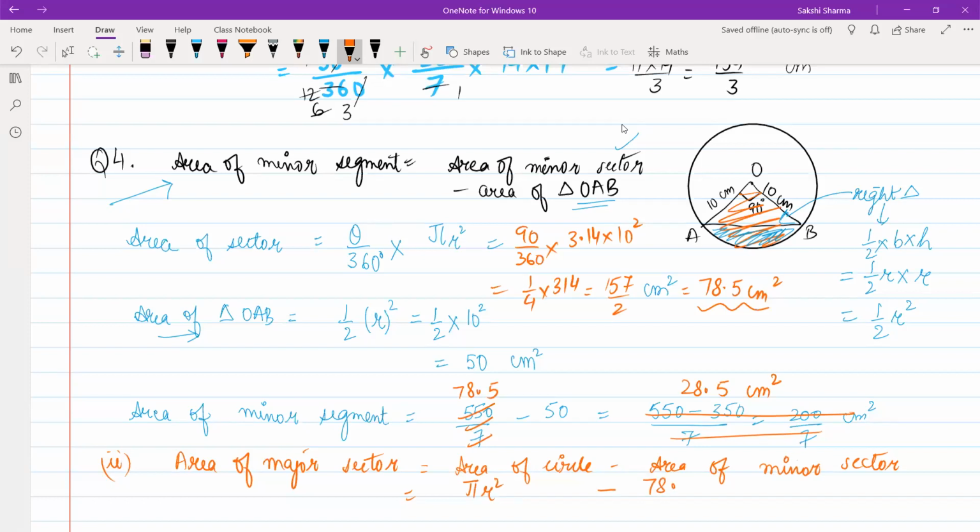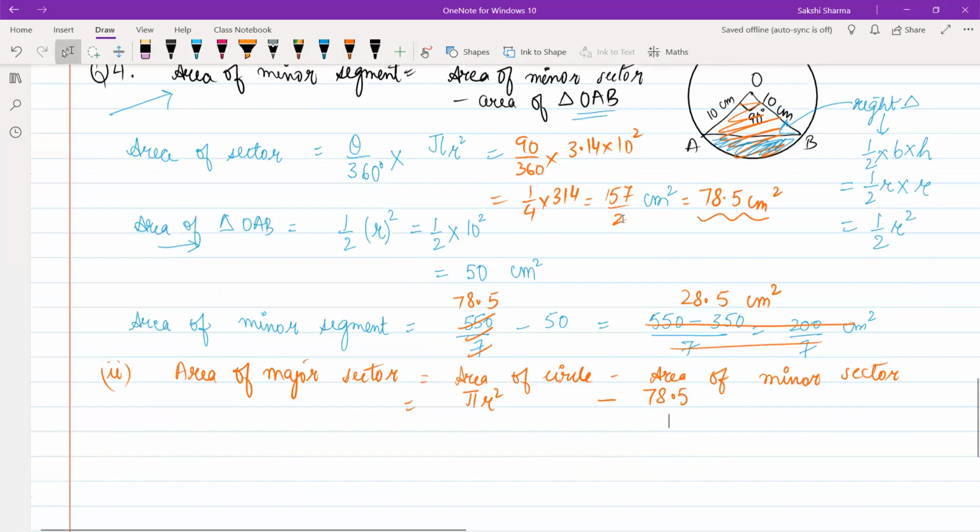It's 78.5. You can just solve the area of the circle right now. So 3.14 multiplied by 10 squared minus 78.5. This will be 314 minus 78.5. And after this, you get your answer as 235.5 centimeters square.